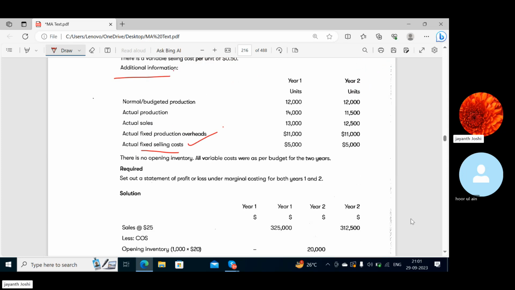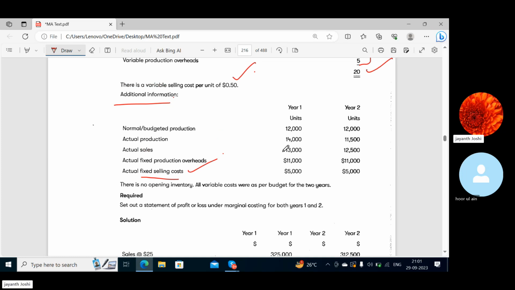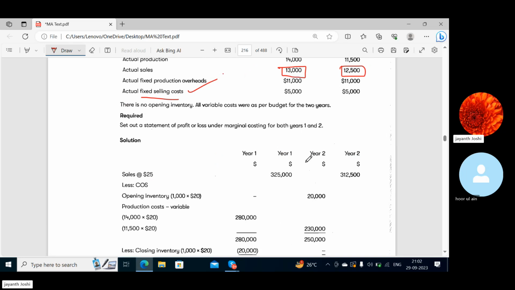It is 13,000 units in year 1 and 12,500 in year 2. So this amount is 13,000 into the selling price, and this is 12,500 into the selling price. Please calculate.